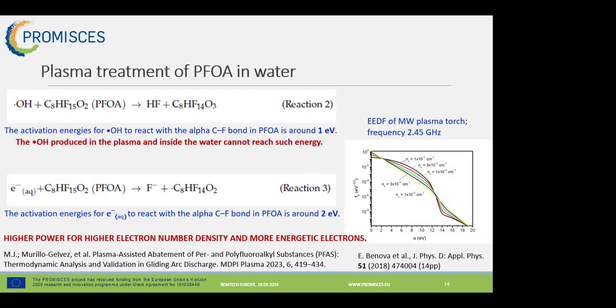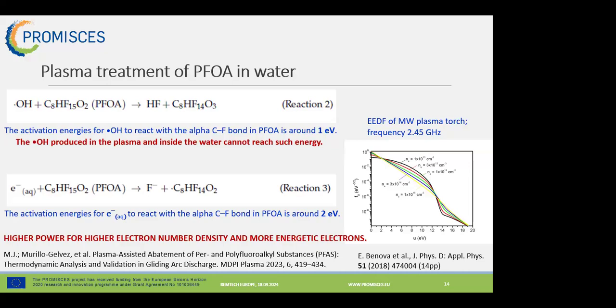Well, for the first, the reaction number 2, it is necessary that the OH radicals have energy about 1 eV, and for the second reaction, the electrons need 2 eV of energy. But because of the much higher mass of the OH radicals, it is very difficult to reach 1 eV for this reaction.